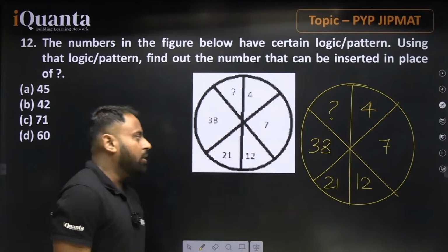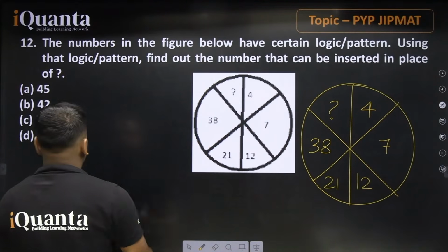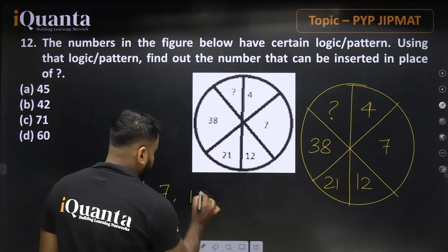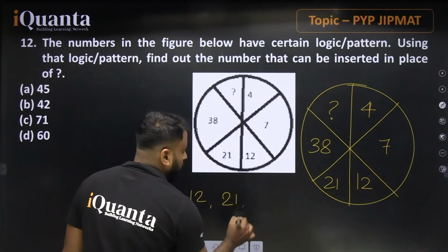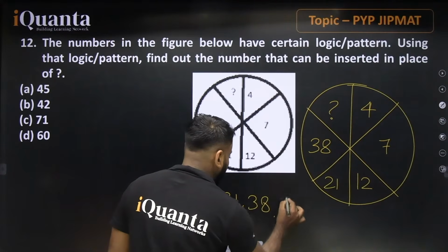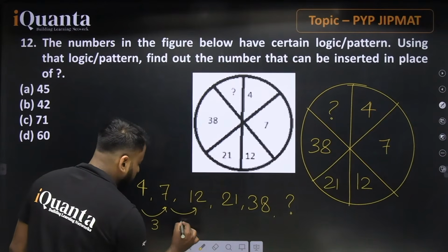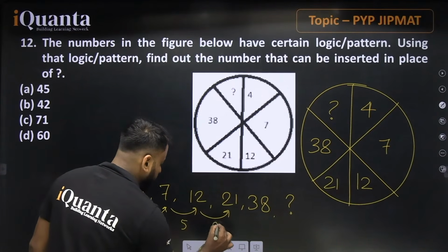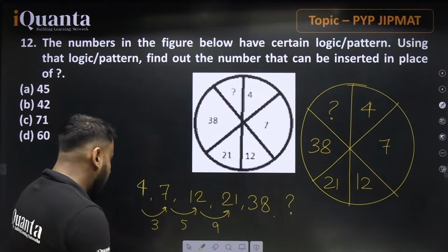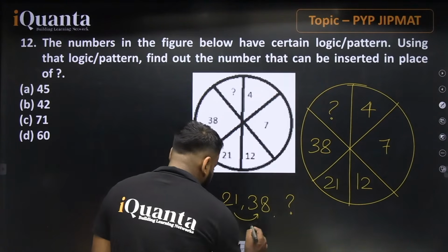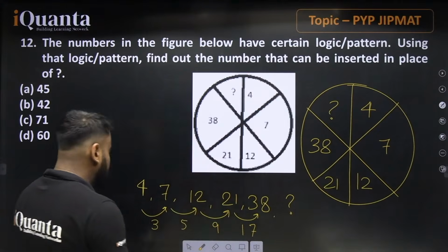So this is the table, these are the numbers which are mentioned. We just have to find the missing number. The differences are: here we have 3, here 5, here 9, and here 17. So this is the value.